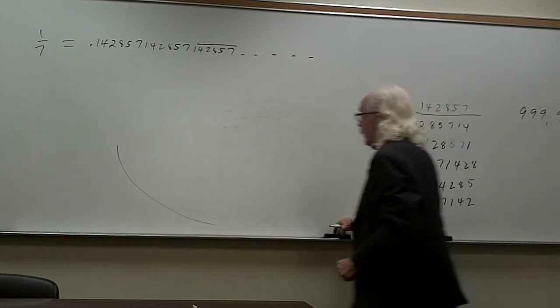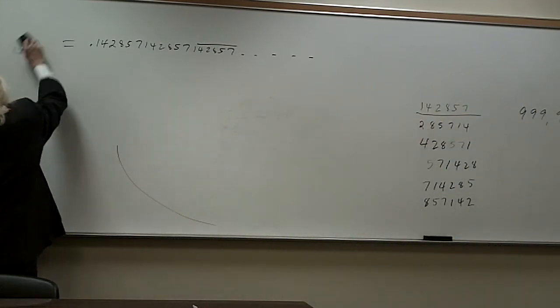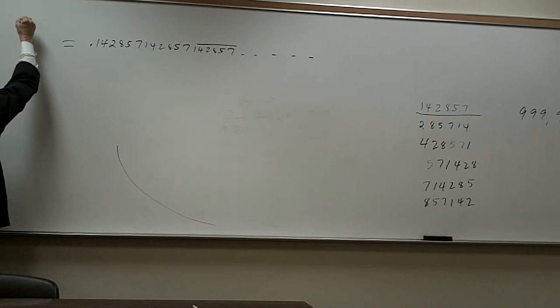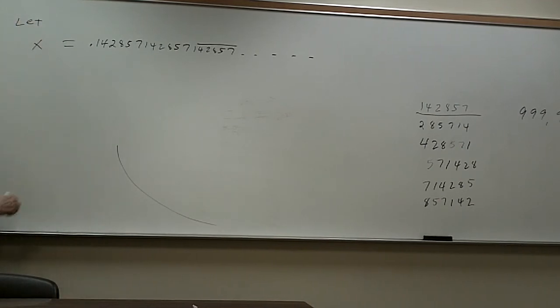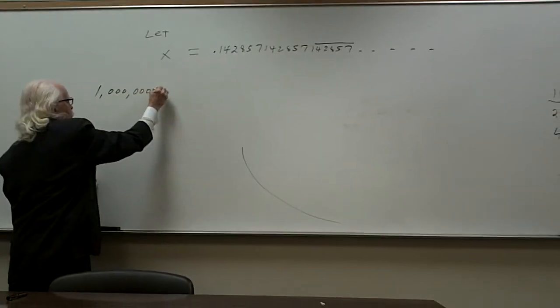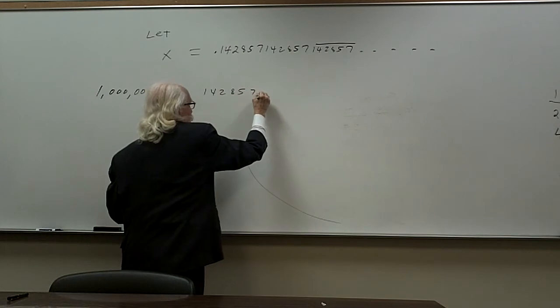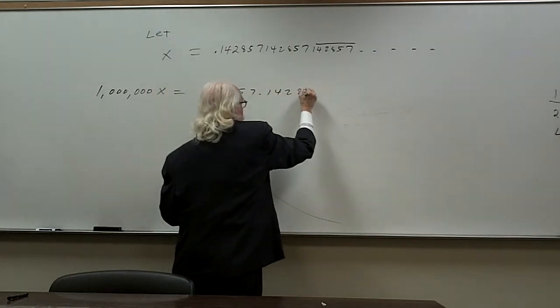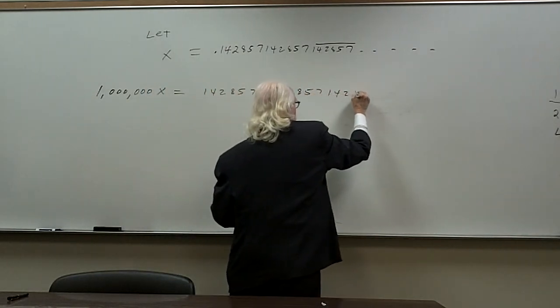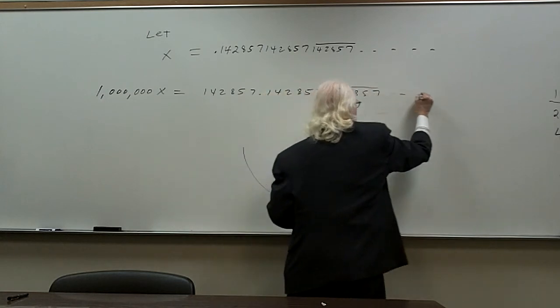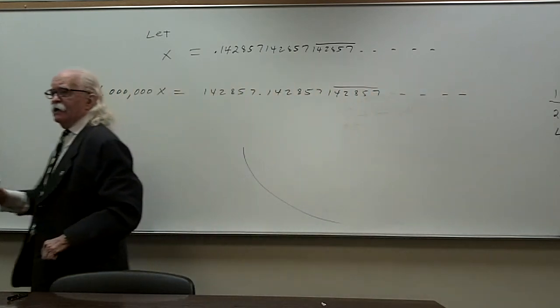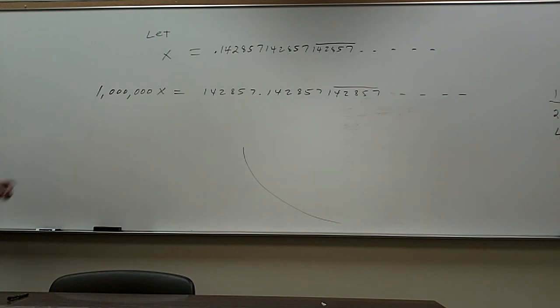Straight 9s. It is simply because I can do this. I can say let x equal that number. If I multiply both sides by 1,000,000, I get that, right?